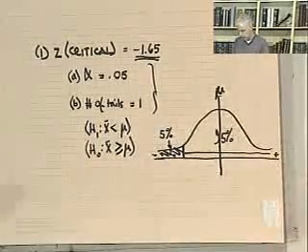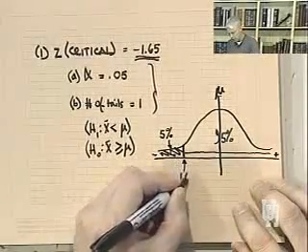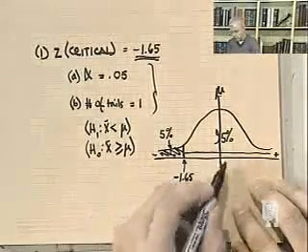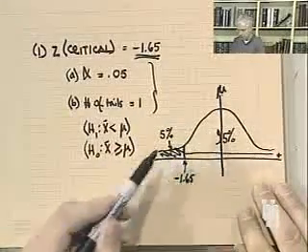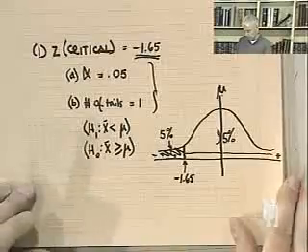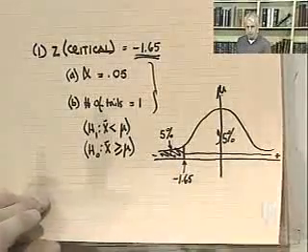We have now a critical value of 1.65. That is, if you go 1.65 standard deviations below the mean, you isolate 95% of the scores in the way that we've discussed, leaving 5% of the scores at the negative end of the distribution.